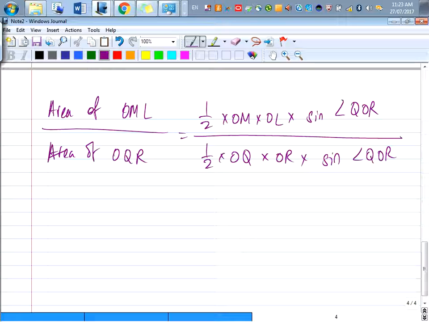Remember that we taught you the different ways of finding ratio of areas.